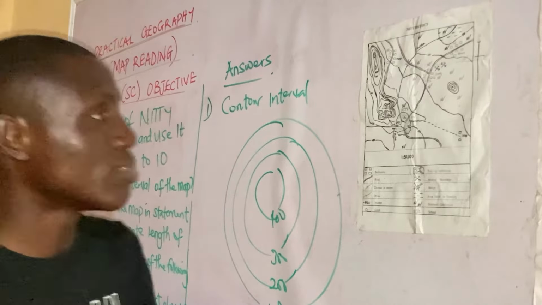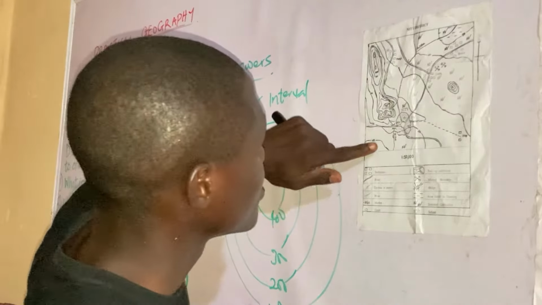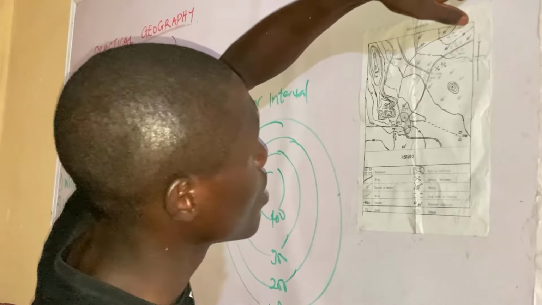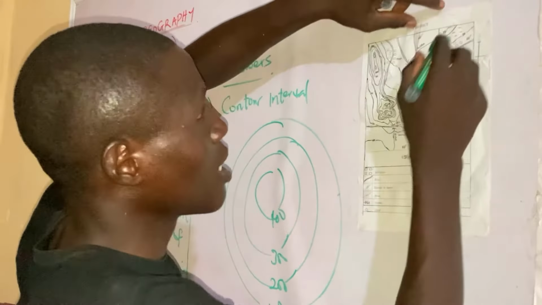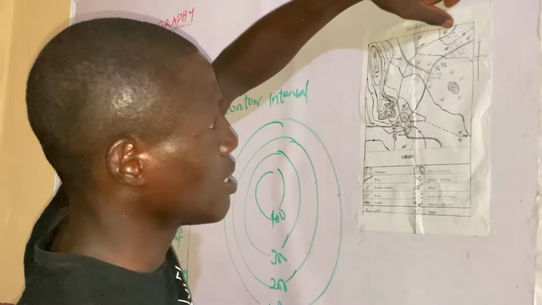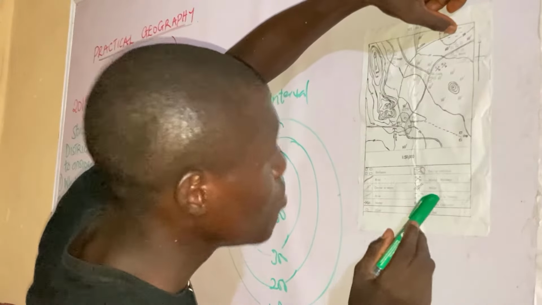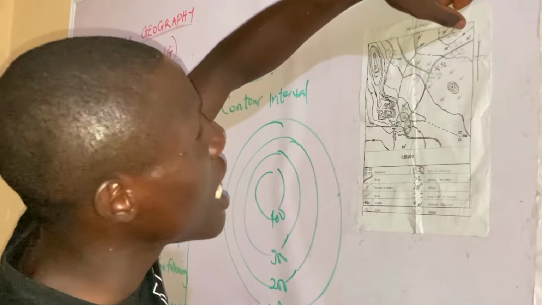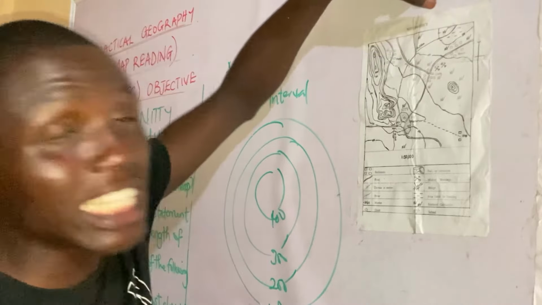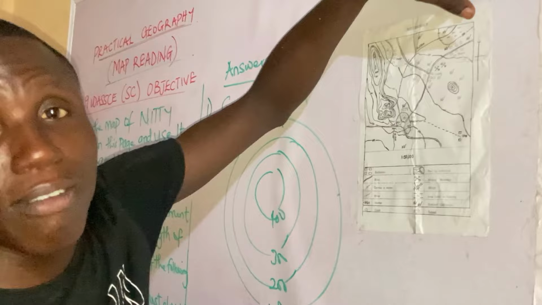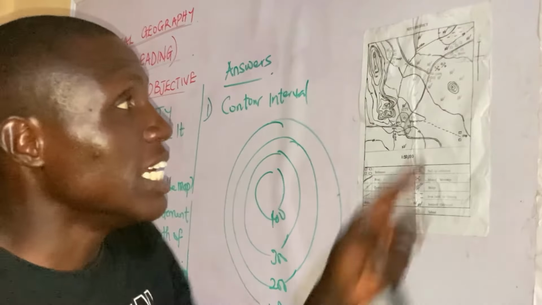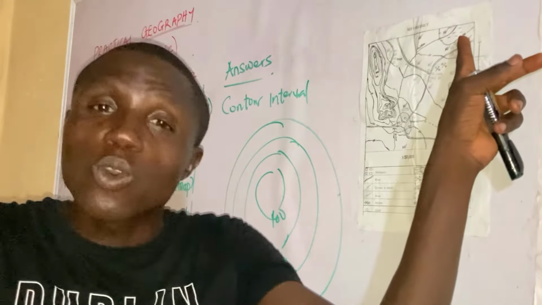Also on this map, when you look at it very well, you can see 300 here, as well as the sign for an area liable to flooding. Now, why is this place liable to flooding? There are tendencies that this place can get flooded because it is very close to sea level.